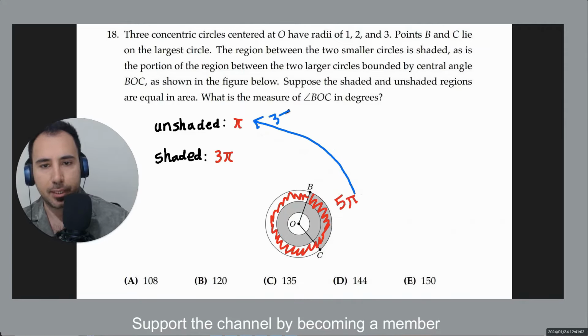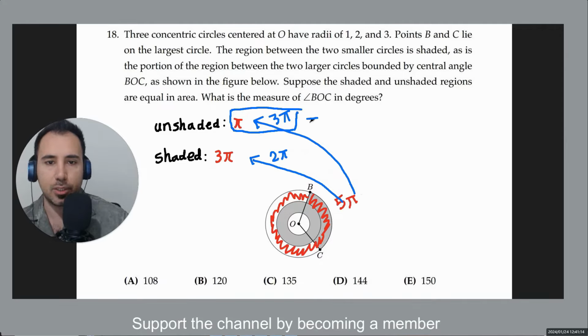If I give 3 pi to this from this 5 pi, 2 pi will be left. I give 2 pi to this. Are they going to be equal? This one was pi. I added 3 pi. It's going to be 4 pi. But this one is 3 pi plus 2 pi, 5 pi. So I couldn't make them equal.